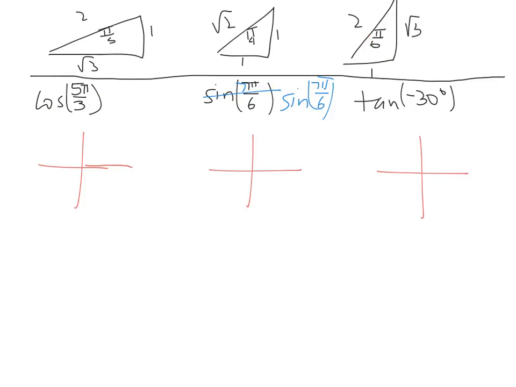5 pi on 3. Now that is almost 6 pi on 3. This is actually 2 pi minus pi over 3. So that angle is going to be somewhere around there. But in order for us to satisfy this 5 pi on 3, we've got to go all the way around to there.